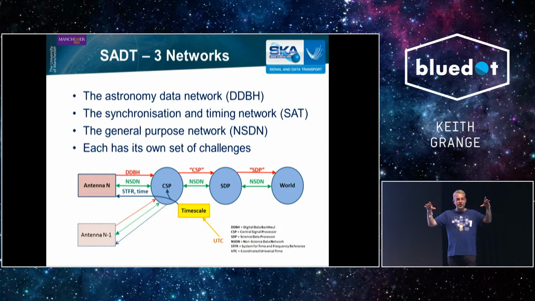And the kinds of accuracies that we're talking about are a millionth of a second. And so you've got to get an accurate clock to a millionth of a second to each of these antennas lying up to about 150 kilometers apart. So that was another challenge.